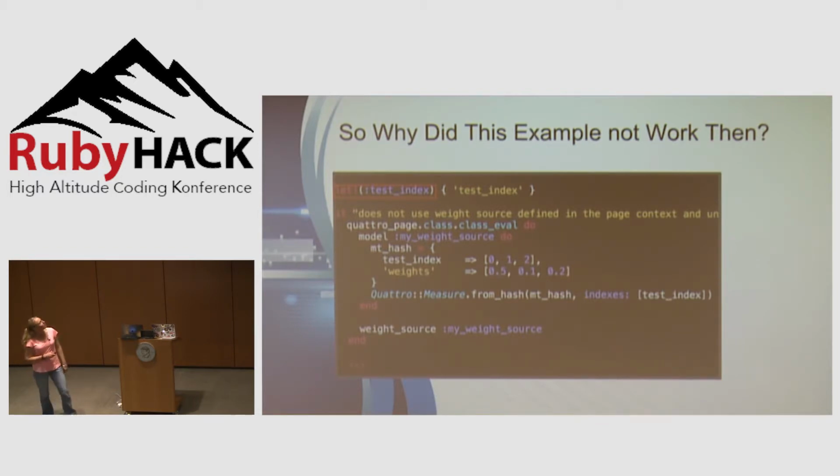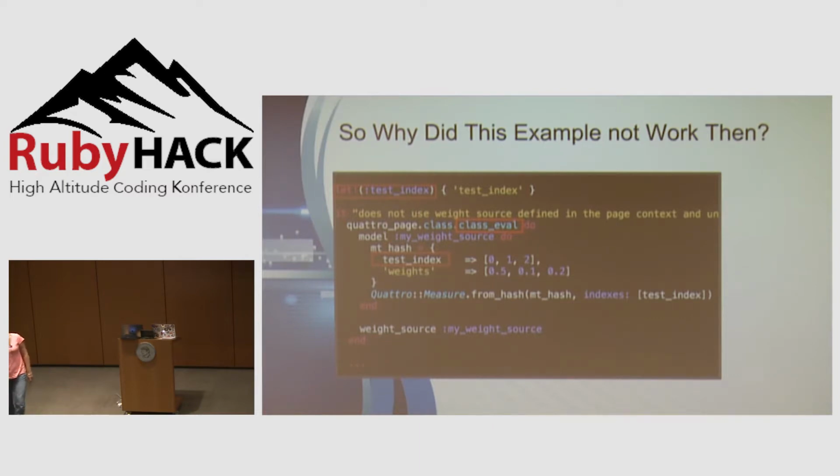And that should mean that inside this first block, the self property is going to point to that RSpec object, which means the self property inside the second block should also point to that RSpec object, which has test_index defined on it. And therefore, the code should work. But we know it doesn't. And when we take a closer look at this bit of code over here, what's happened? We see that actually the first block is being created and passed to a method called class_eval.